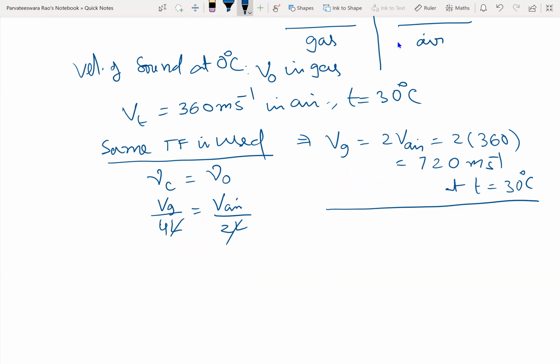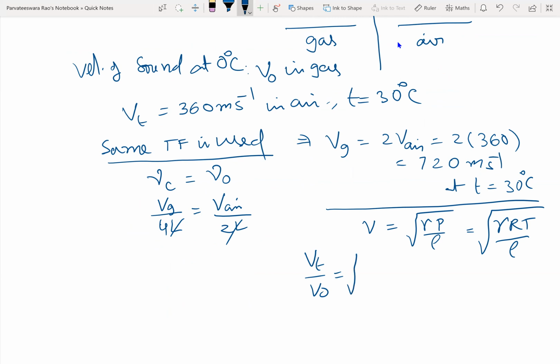Then we have a formula for velocity of sound, V is equal to root of the Newton-Laplace formula, gamma P by rho, is equal to gamma RT by rho. So from this we get Vt by V naught is root of T plus 273 by 273.